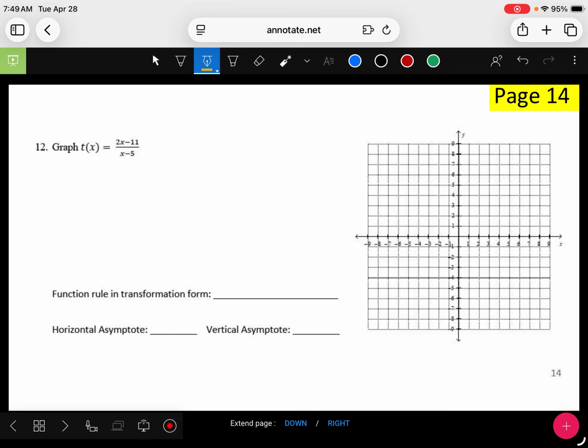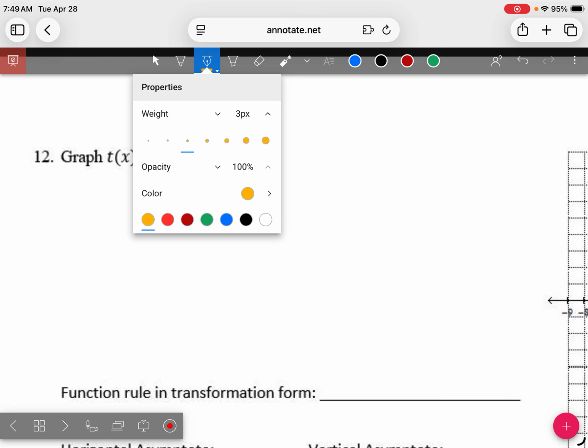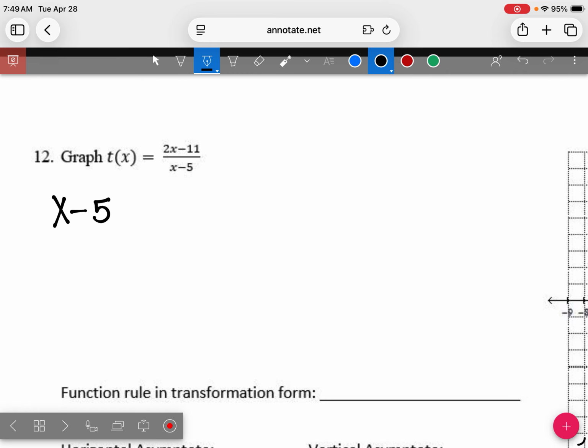Okay, last one. We done. Look at number 12. Let's set it up. X minus 5, 2x minus 11. Let me bring that down a little bit. It's kind of high.